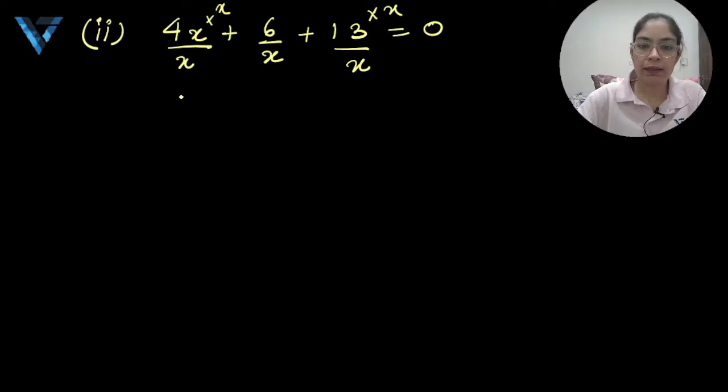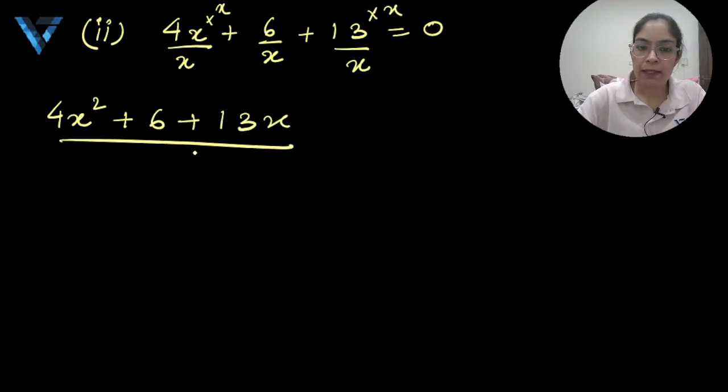So what we will get here? 4x square plus 6 plus 13x by x is equal to 0.